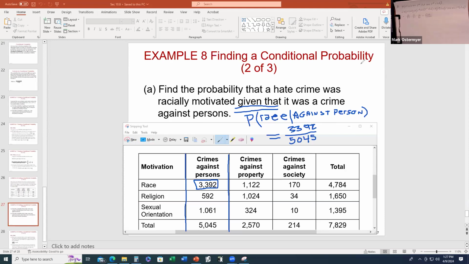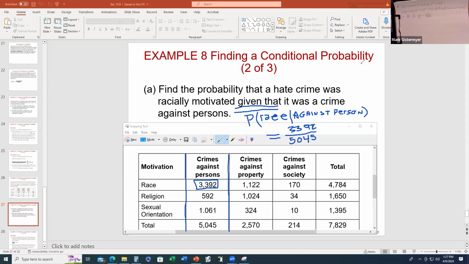Now listen very carefully. What's the probability I randomly select one of these 7,829 crimes, and the crime was motivated by religion? What's the probability if I randomly select one of these crimes that it was religiously motivated? What would be the answer to that question? 1,650 over 7,829. That's correct.